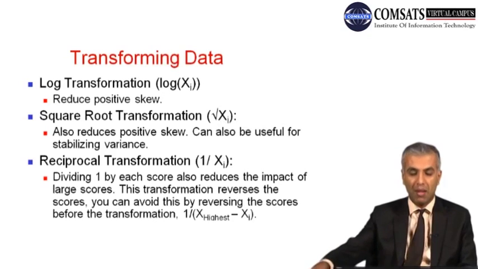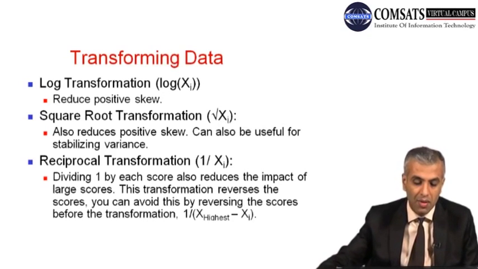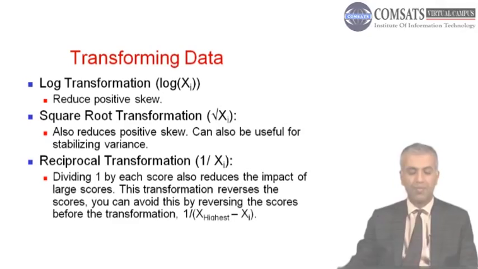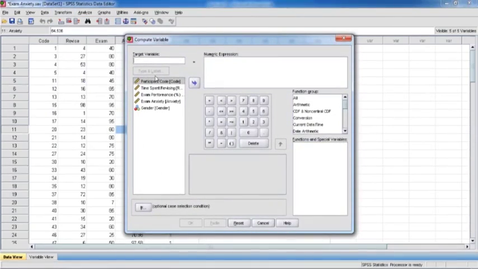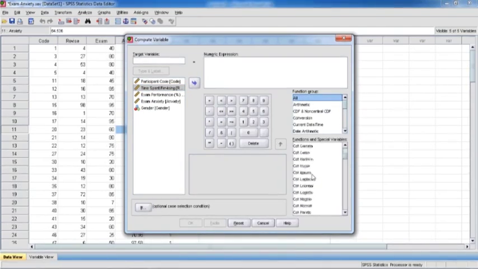Now, for example, we can go to SPSS, click on Transform, and then click on the Compute Variable option. Here, for the time spent revising, we just want to take the square root of that, so we click on the All function group, and we can choose the square root.